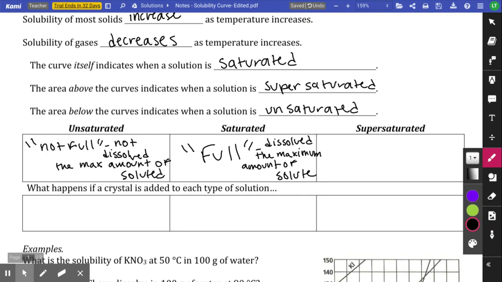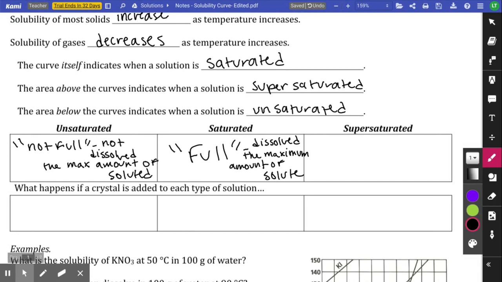There's still room. You can add more and it would still dissolve. And then supersaturated is what we would call overfull. In a supersaturated solution, there is more dissolved than the maximum amount.